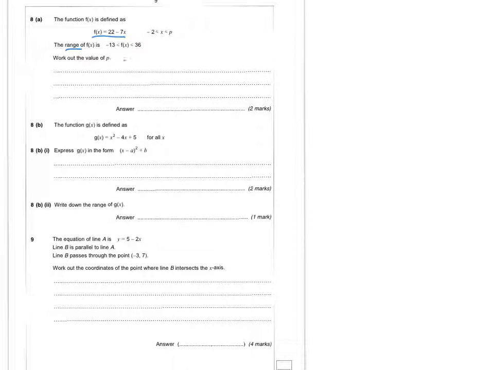So 22 minus 7x is less than or equal to 36. -7x is less than or equal to 14. Dividing by -7, divided by -7. When we divide by a negative, we have to reverse the sign, so x is greater than or equal to -2.